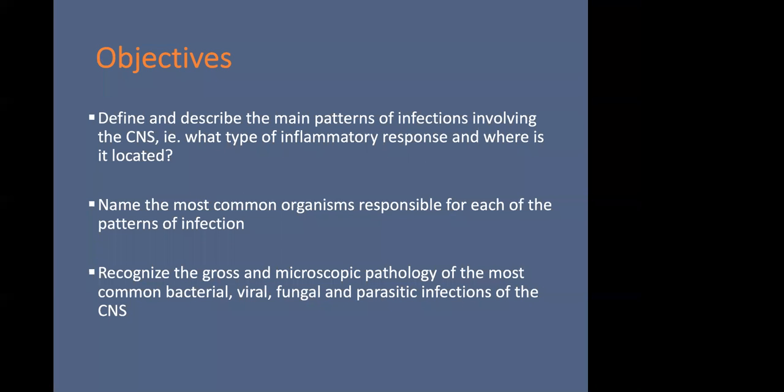When you see these patterns, it will be easier for you to recognize at least what group of organisms can cause this infection. To do that, we will go through a number of pictures that show gross and microscopic pathology of the most common bacterial, viral, fungal, and parasitic infections of the brain.